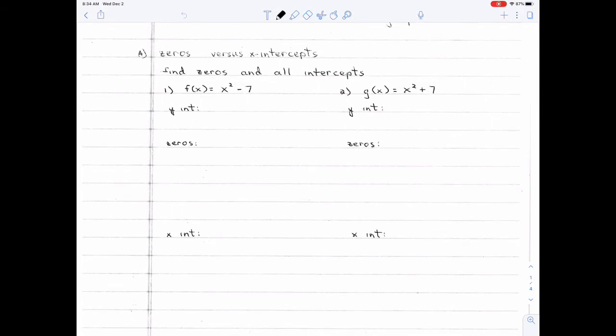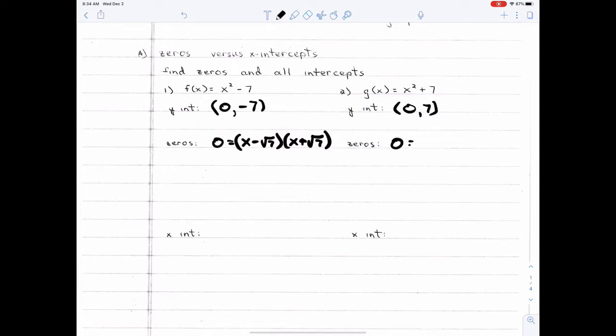So find all intercepts. You should know that the y-intercept here is (0, -7). And on problem 2, it's (0, 7). For the zeros, I'll put 0 in for y and factor. And same thing here. I'll put 0 in for y and factor.